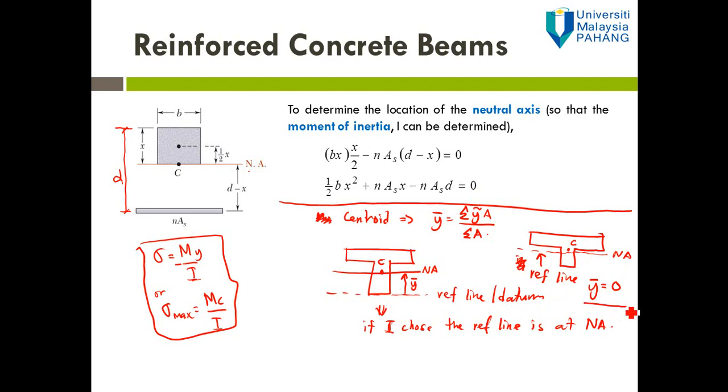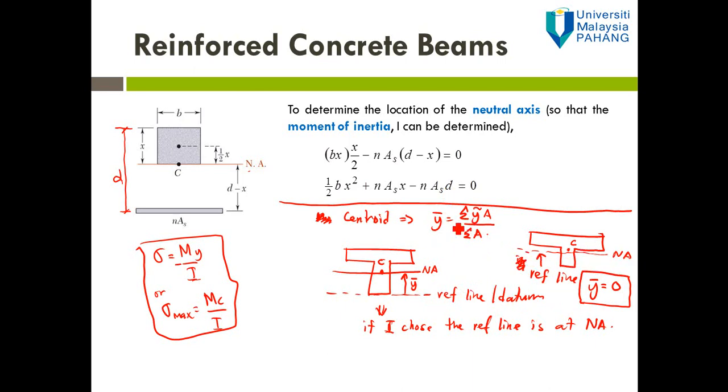So this is the case when we assume the reference line is located at the neutral axis. We don't know the location of the neutral axis, but we assume the reference line, or the datum, is at the same location as the neutral axis.